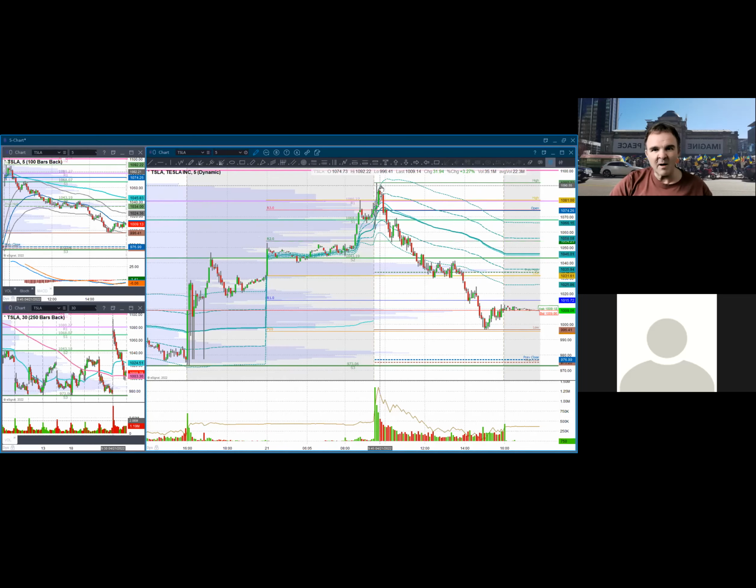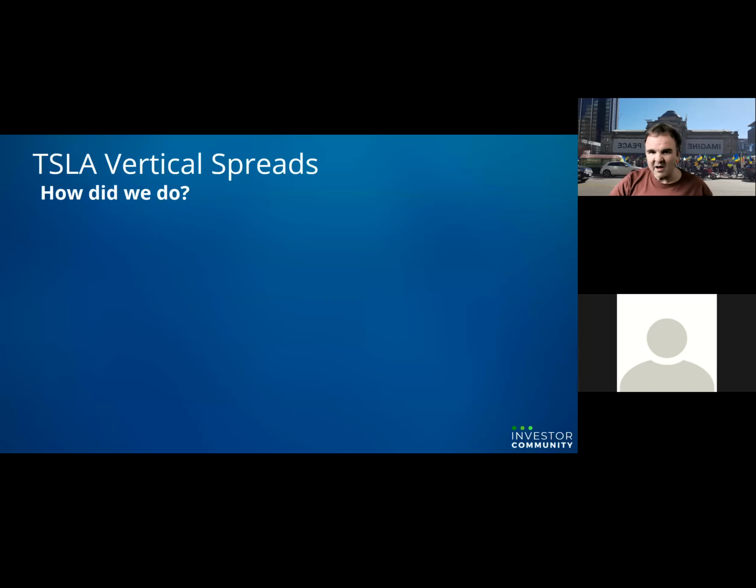So nice big gap up. Any of our bullish spreads should have made money, right? But through the day, the amount of money we would have made on these was sort of declining and bleeding away. So why don't we go back to this and we can take a look and see how all of these would have worked for us.